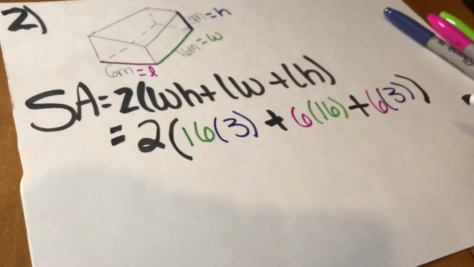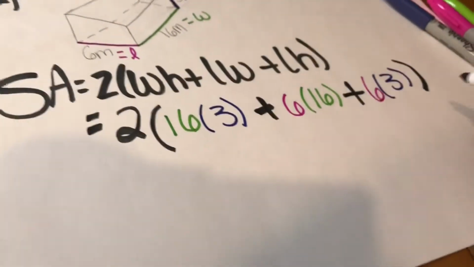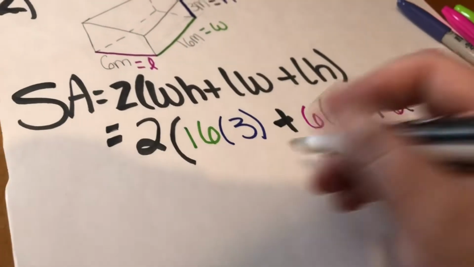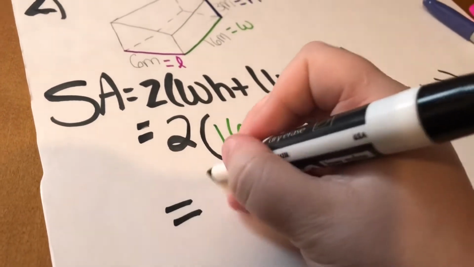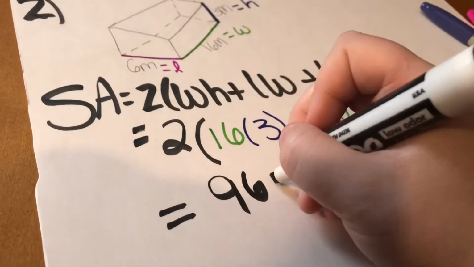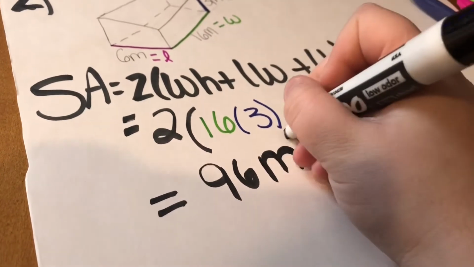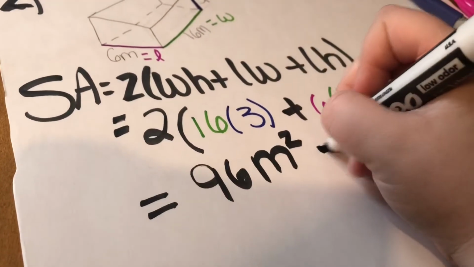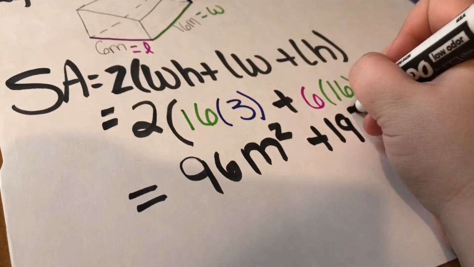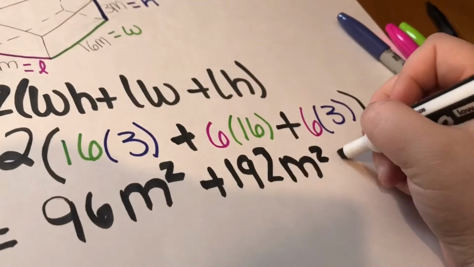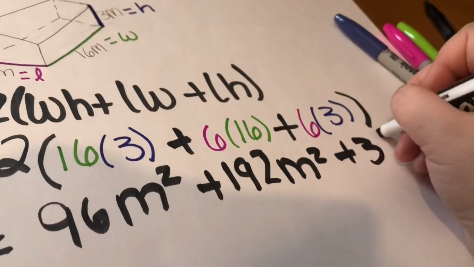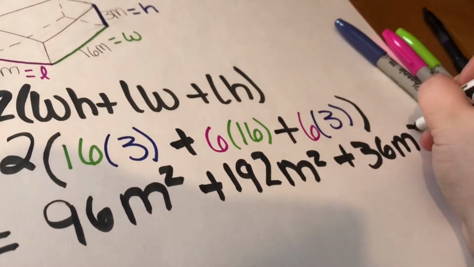So then we can put all of this in our calculator, and you end up with 96 meters squared, plus 192 meters squared, plus 36 meters squared.